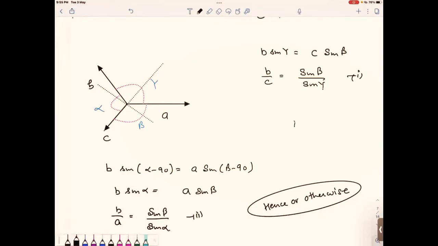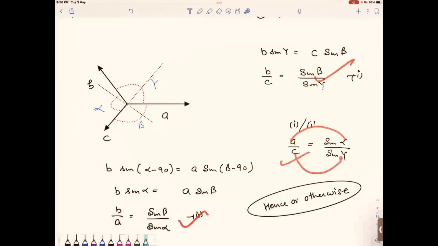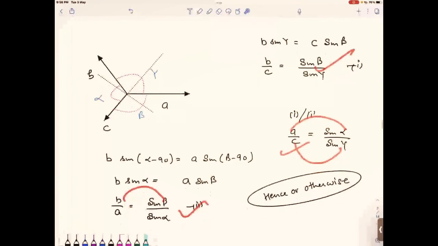If we divide the first by the second, we will get A by C as sine alpha over sine gamma. So from these three equations, that is equation 1, equation 2, and equation 3, we can conclude that A is proportional to sine alpha, C is proportional to sine gamma, and B is proportional to sine beta. That is the proof of Lami's theorem.